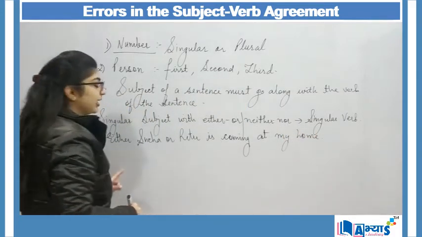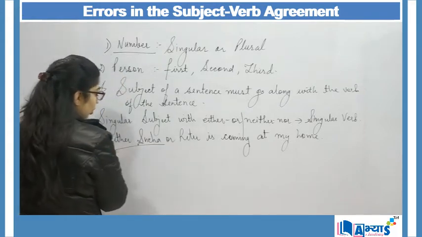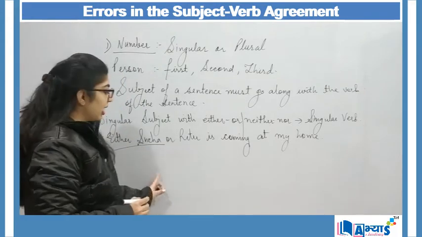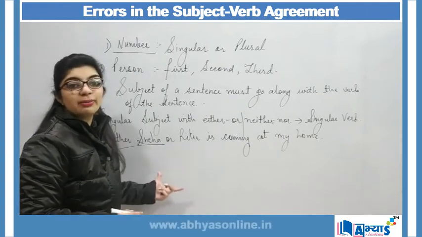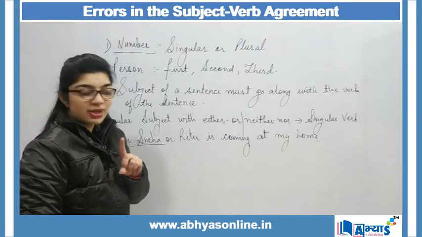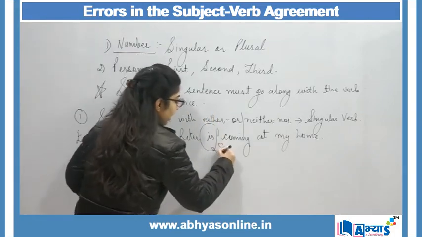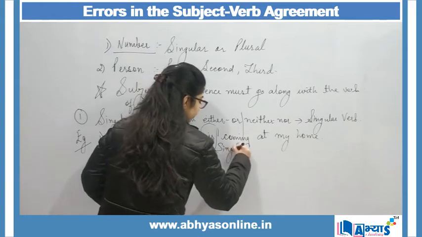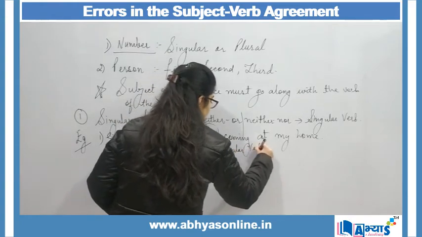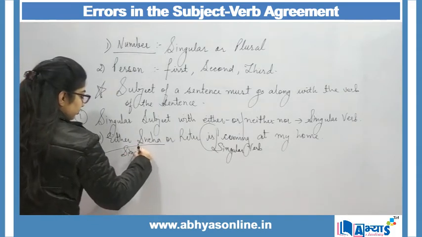When I'm saying either Sneha or Ritu is coming at my home, I'm talking about either Sneha or Ritu. I'm not talking about both the persons. Only one person is coming to my home. For that case, I am using is. This is my singular verb for my singular subject.